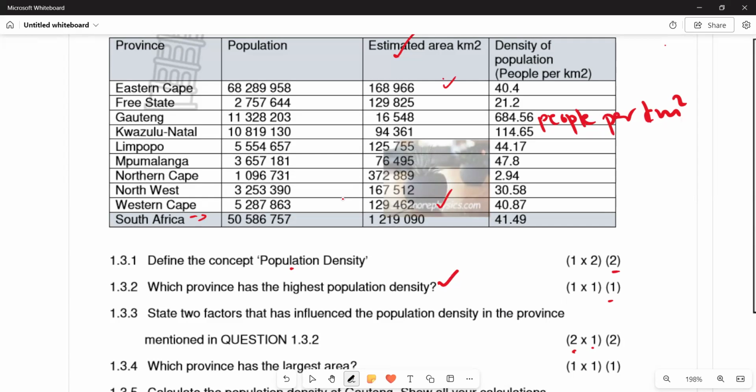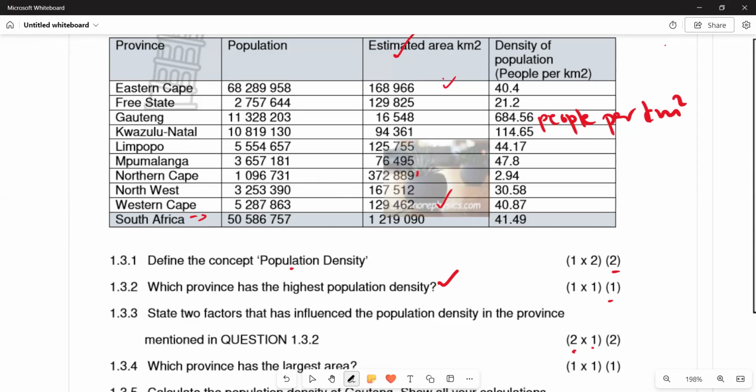If you look there, you'd see that the Northern Cape has got the highest estimated area, with 372,889. Which means the Northern Cape is the biggest province in South Africa in terms of land size, because the square kilometres we have there are the highest, which is 372,889.